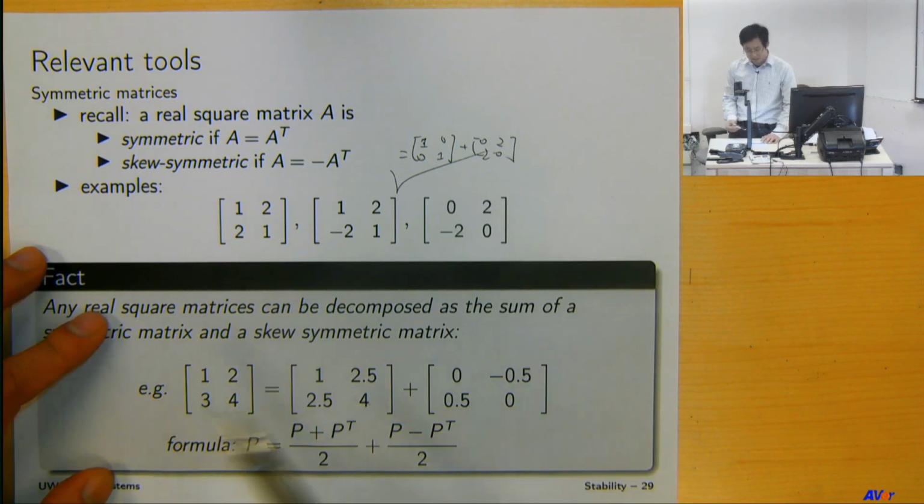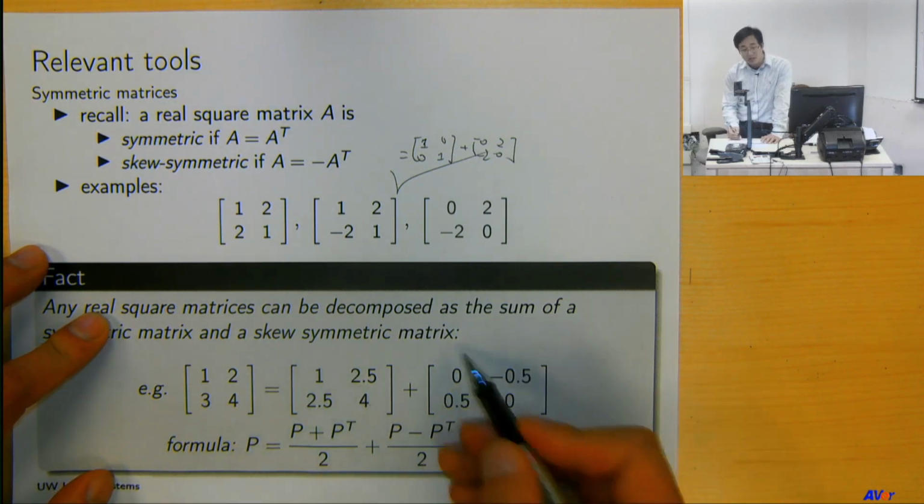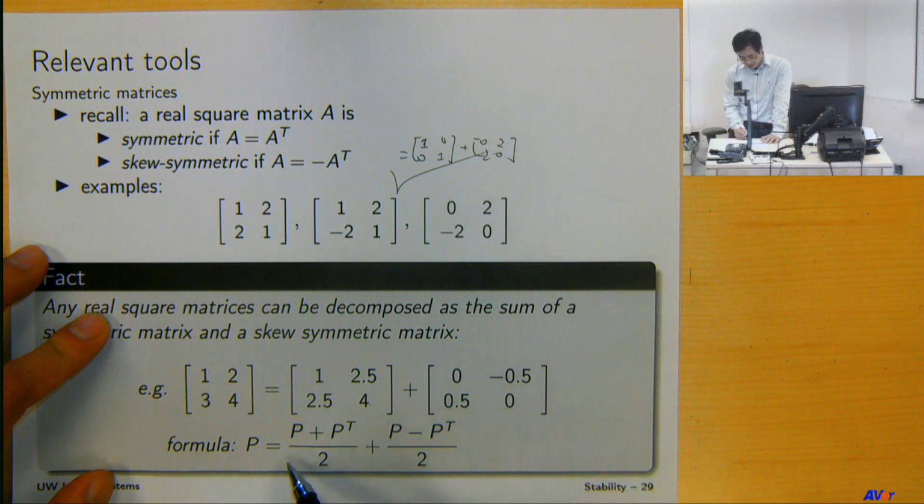More generally, you can check that for any matrix P you can do the decomposition as follows: P plus P transpose divided by 2, and then P minus P transpose divided by 2. For the first one, if you take the transpose, it's exactly itself.